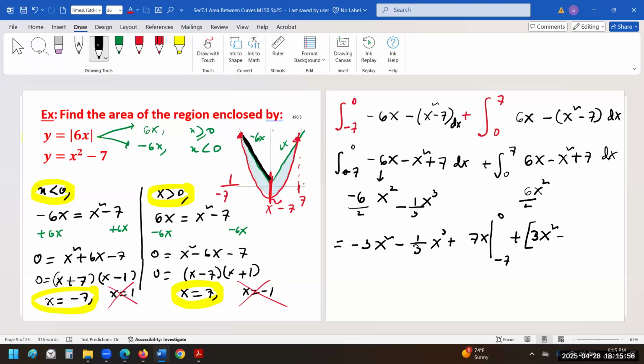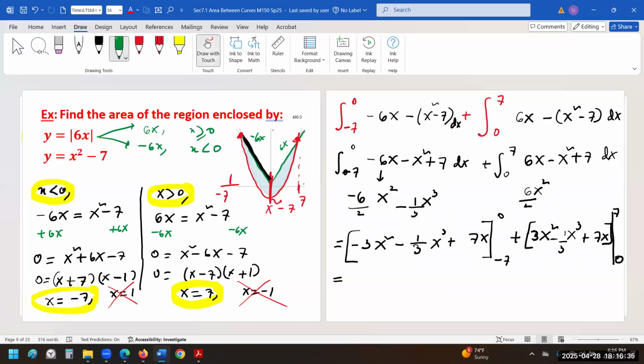And then you already did x squared, so x cubed with 1/3, and 7 is 7x. For the first one, our limit is -7 to 0. For the second one, our limit is 0 to +7. So you have to do the same thing twice.